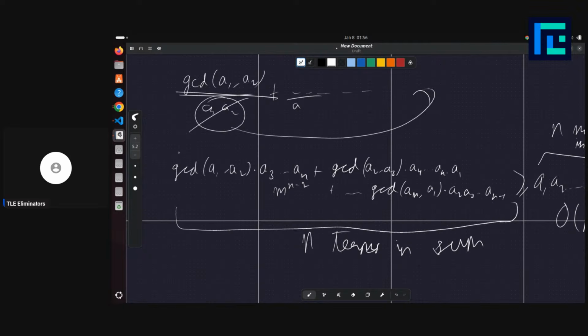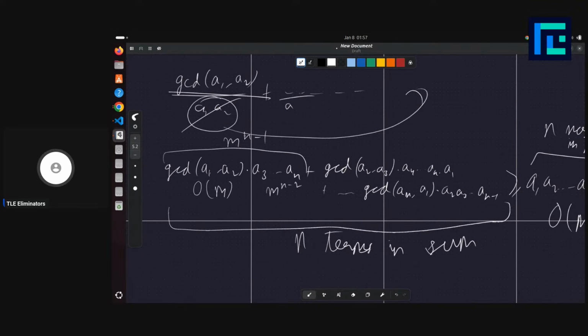And this GCD can be up till m, right? Like GCD of two numbers is less than equal to both of those numbers, so it is definitely less than equal to m. So I can say that this gives me at most O of m component. So O of m I get from here, and m to the power n minus 2 I get from here. So single term is around m to the power n minus 1, right?